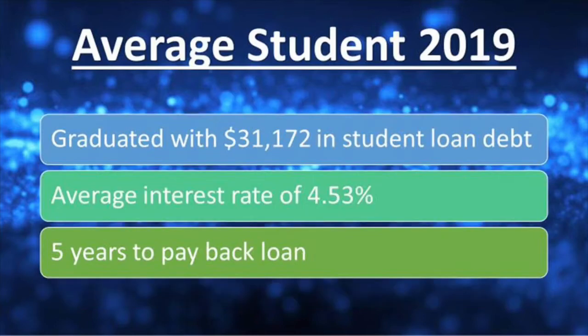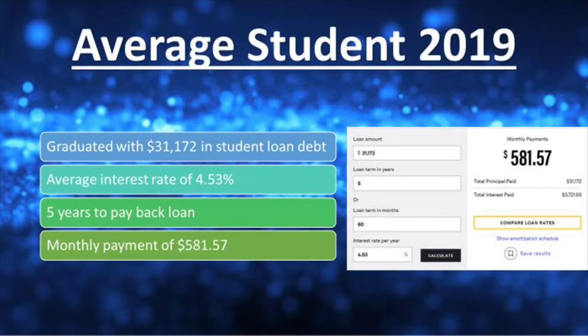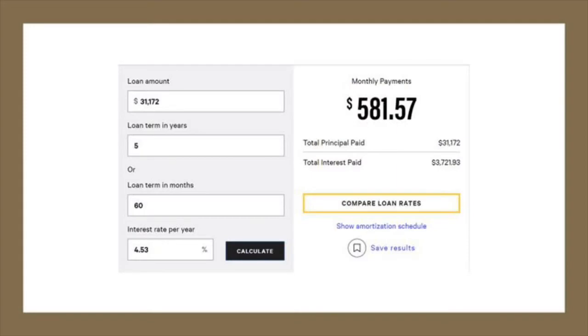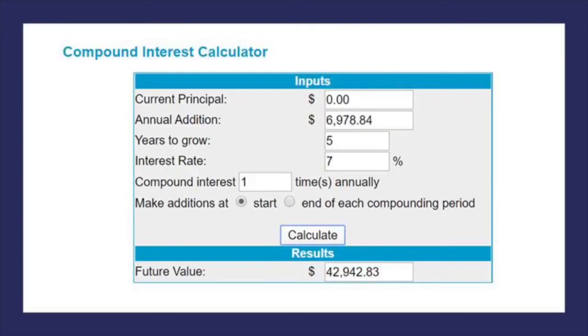Now this means that, let's say that student takes 5 years to pay back the money, that student will have a loan repayment monthly amount of $581.57, and ultimately will pay $3,721.93 in interest.